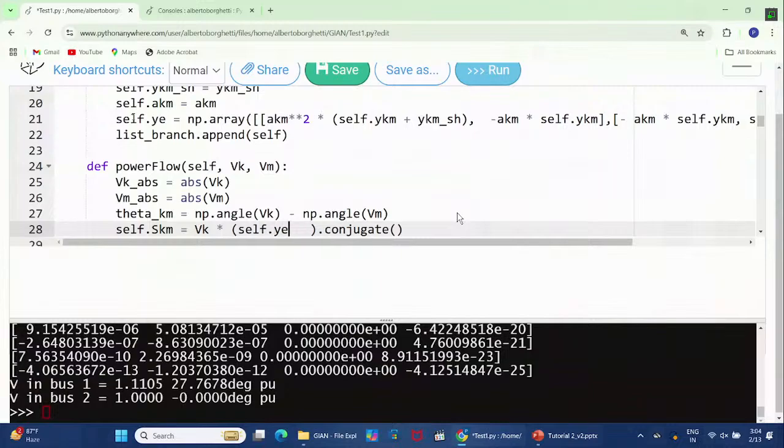The first element is the first row, first column, so 0, 0, and this is multiplied by Vk, and then plus self.YE, first row, second column, so 1, multiplied by Vm.